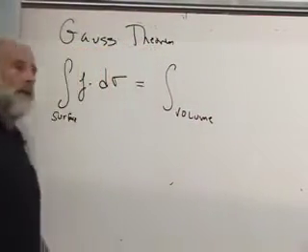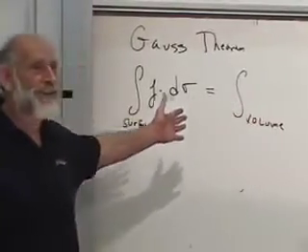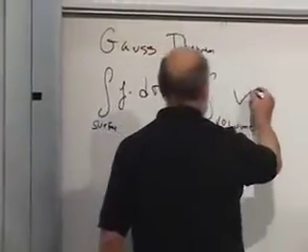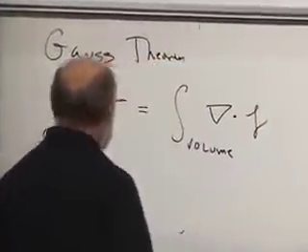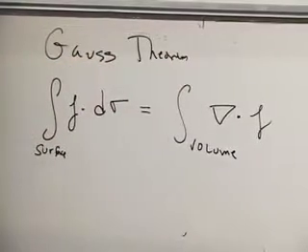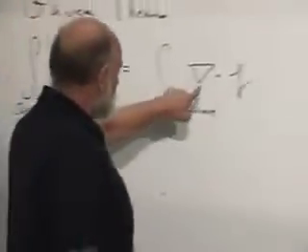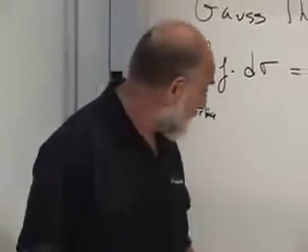Now, if I had my class here, I would ask them what goes in there. Anybody know? No, okay. The divergence of the vector itself. So it's a relationship between a surface integral of a vector and the integral over the volume of the divergence of the vector.